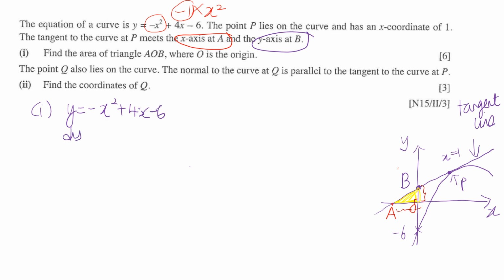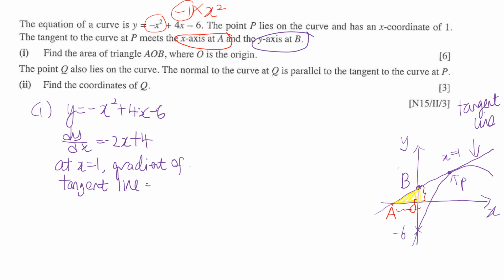Right, so our derivative will be dy over dx, which is negative 2x plus 4. Okay, so at x equals to 1, that will be 2. Before we can actually go on to find the equation of the tangent line, we need to know our x1, y1.